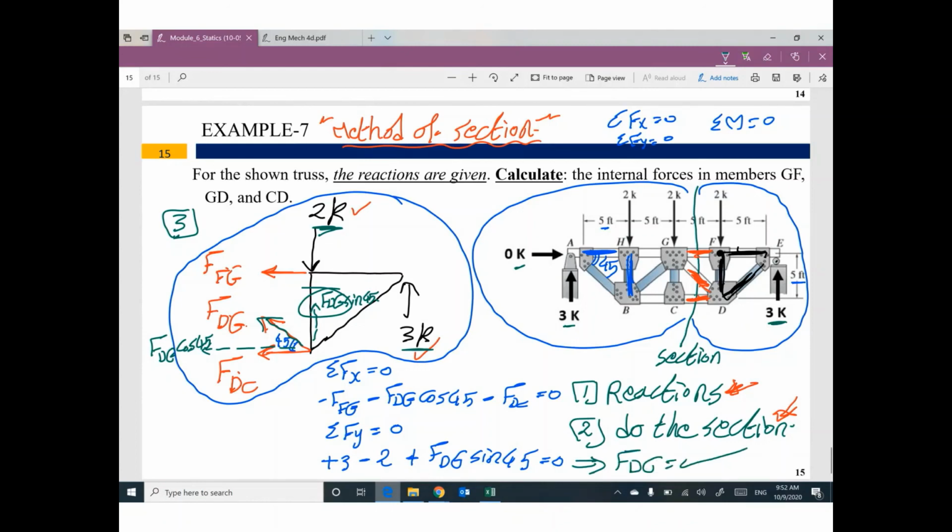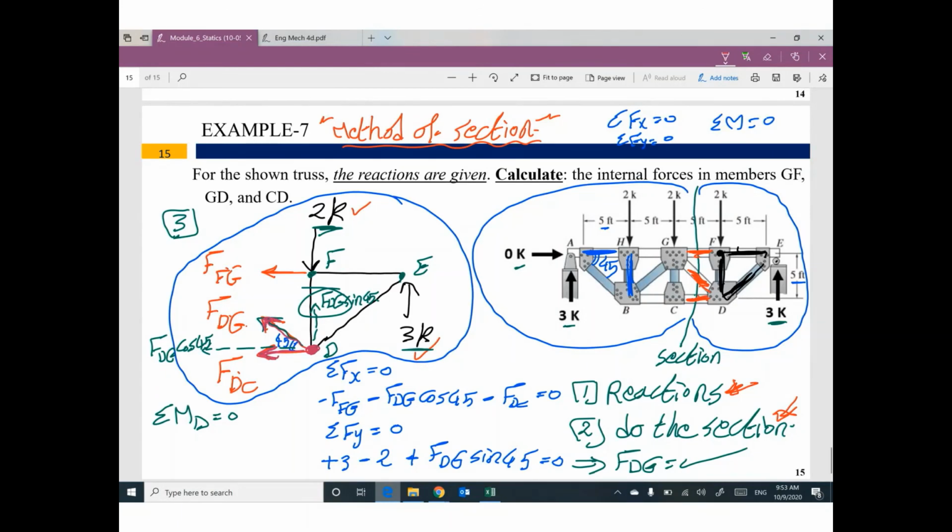Then summation moment. Guys, which point am I going to use to take moment? This joint is D, this joint is E, this joint is F. So what do you think? I'm going to use joint D, equals 0. Why? Because if you take moment at joint D, this force will be cancelled, this force will be cancelled.